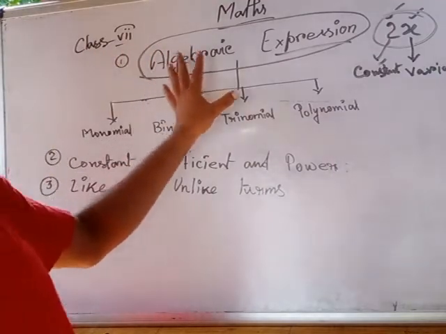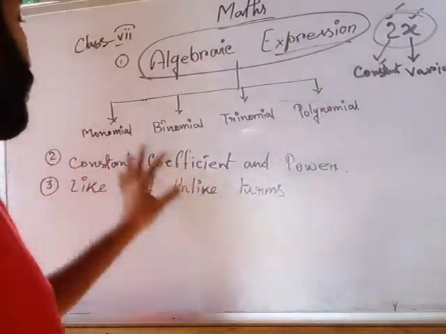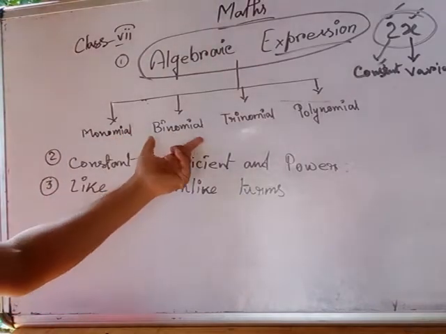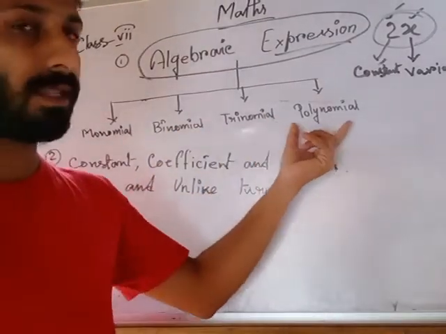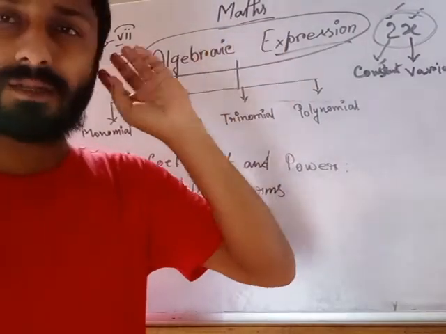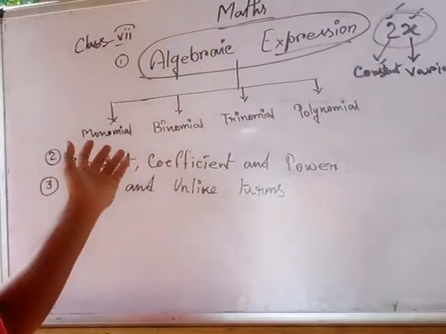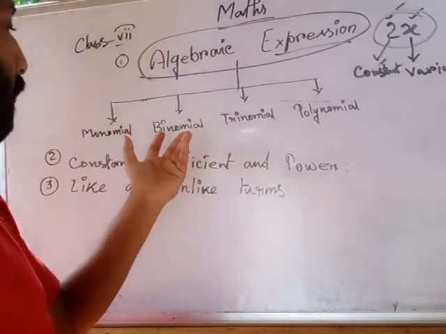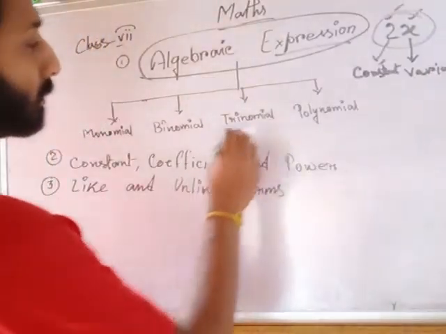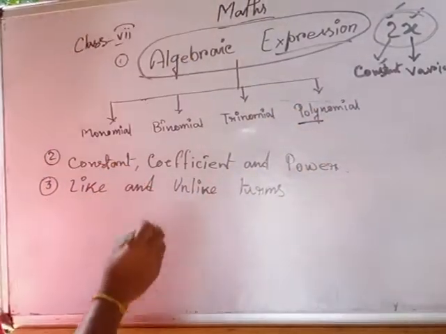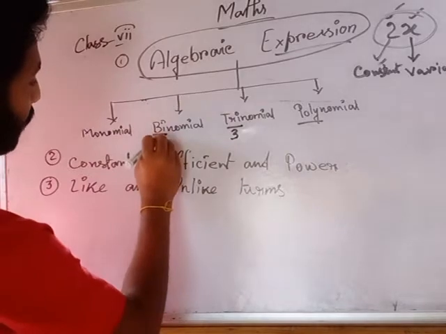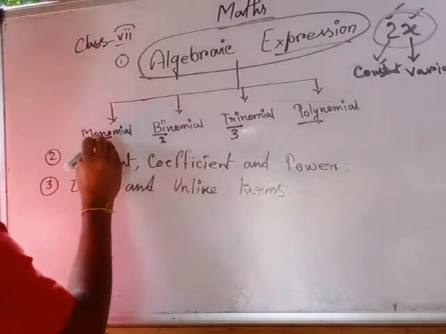There are many types of algebraic expression: monomial, binomial, trinomial and polynomial. Four types of algebraic expression are there. Poly means more, tri means 3, bi means 2 and mono means 1.